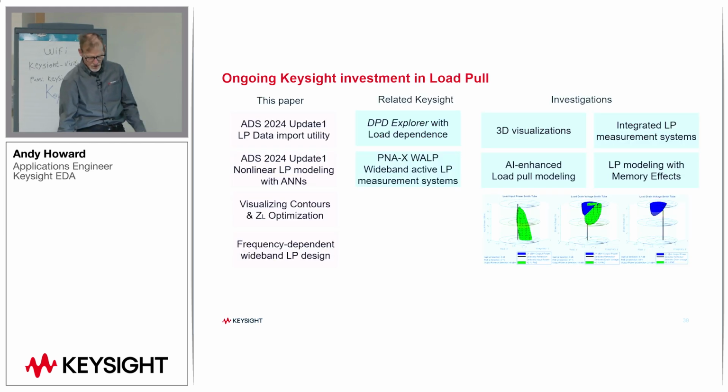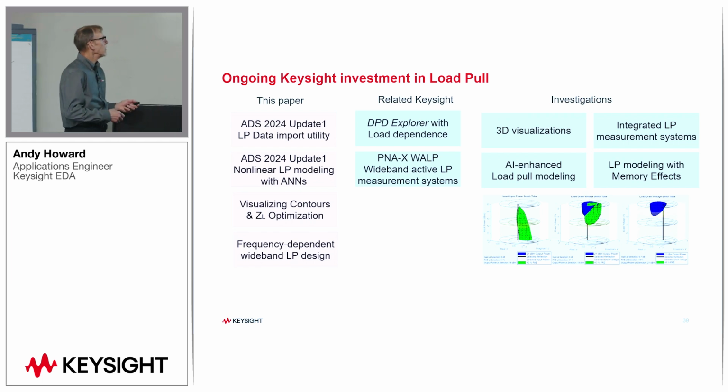Okay. I realize I'm out of time, but Keysight and others are working together to do more with measured load pull data, more advanced optimization techniques, say using Smith tubes, where our test equipment people have wideband active load pull measurement systems.